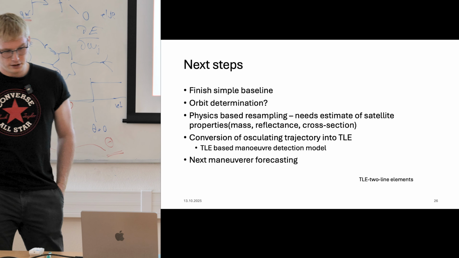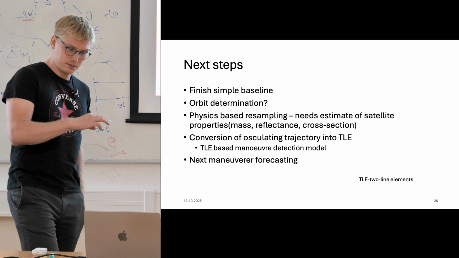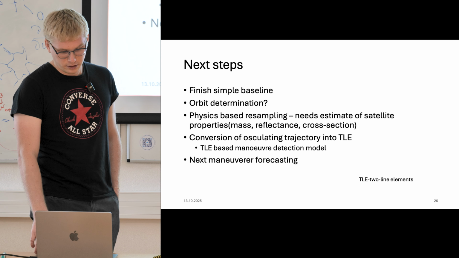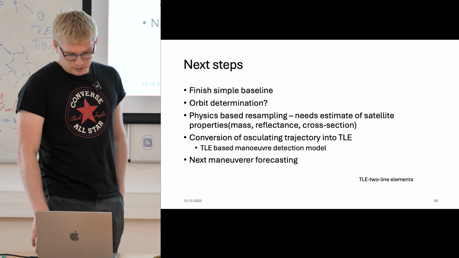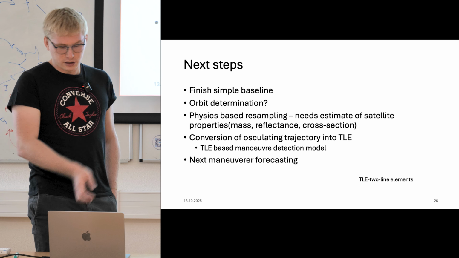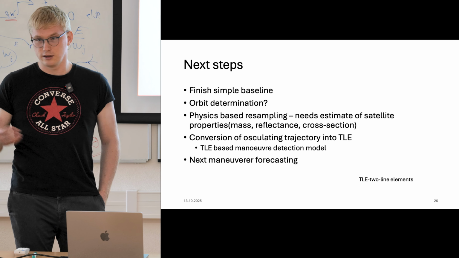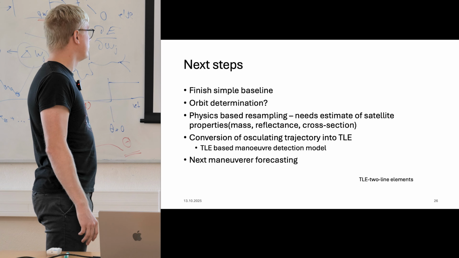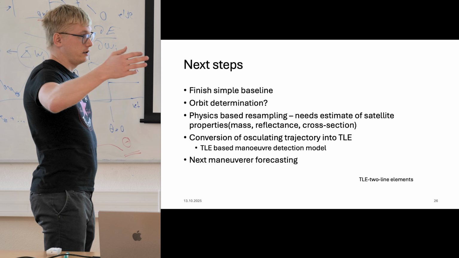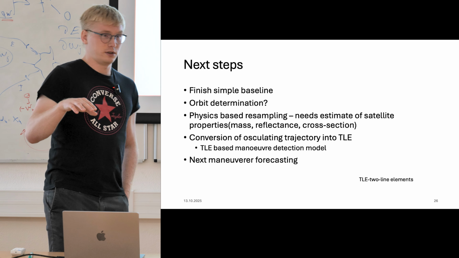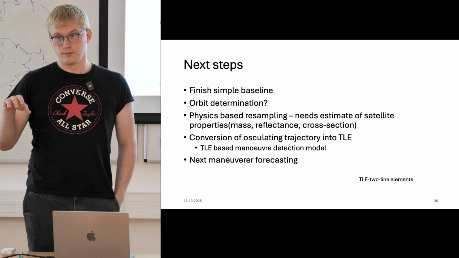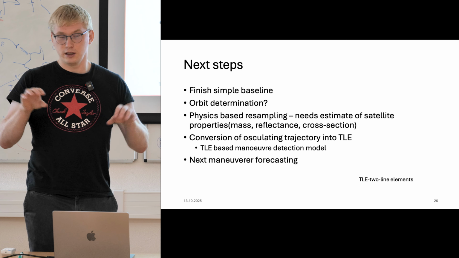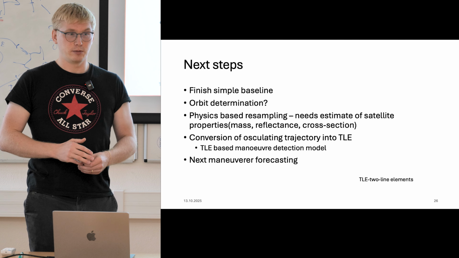I am in the process of constructing a very simple baseline which I could better interpret. That's one thing. Then the orbit determination I was talking about, that's something that we probably need to verify. And then this can obviously be extended. One of the approaches to overcome the observation and the aggressive sampling is again to use the physics-based propagator.